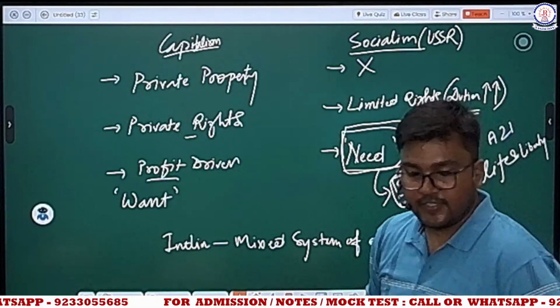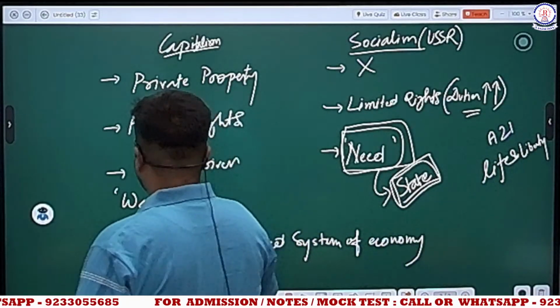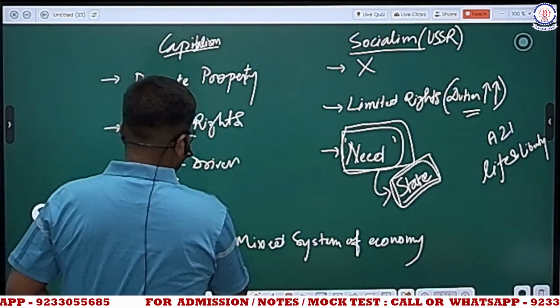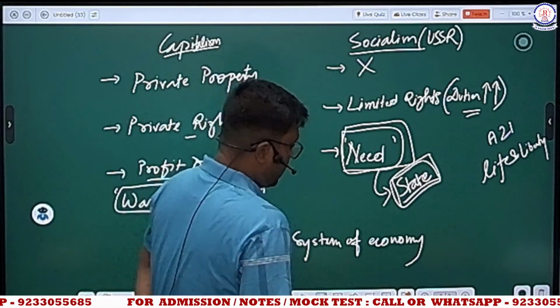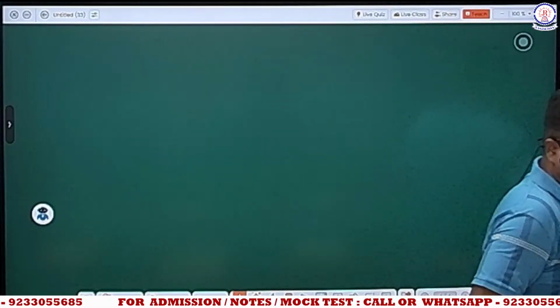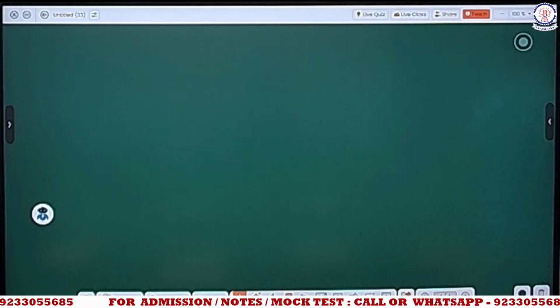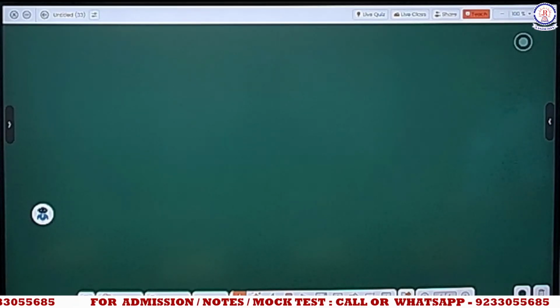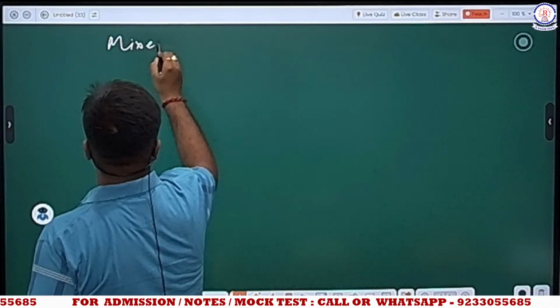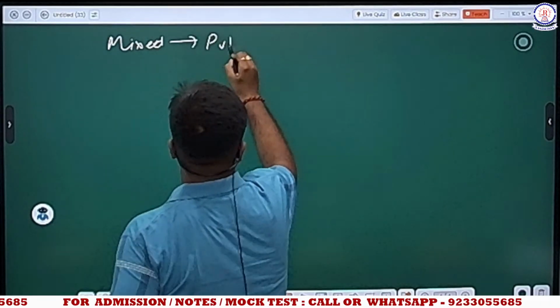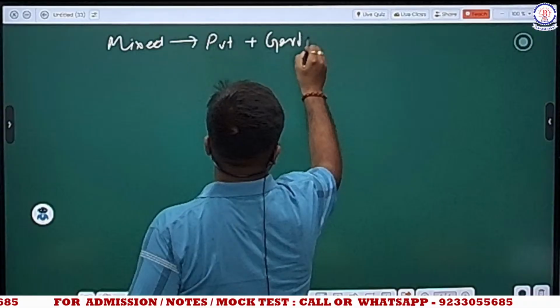So need can be decided by the state, and want is decided by the individual. Okay. So India adopted basically a mixed type of economy, that is private plus government.